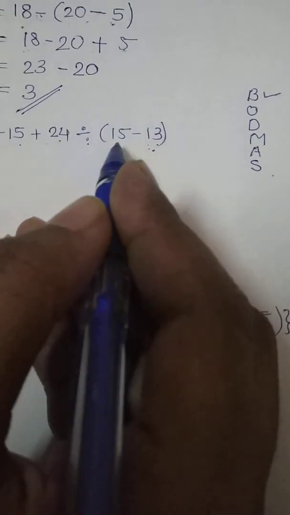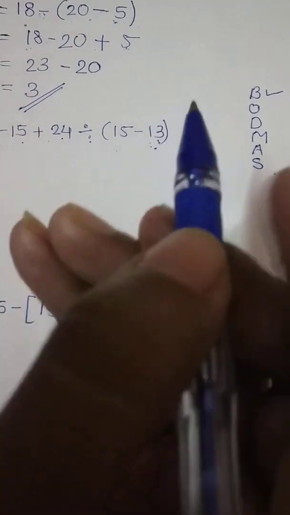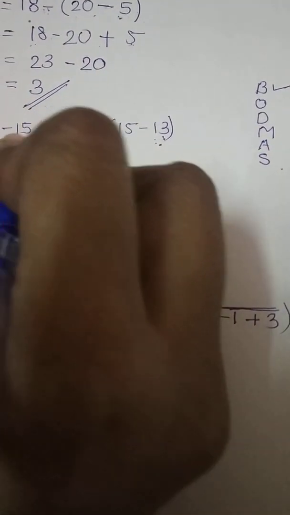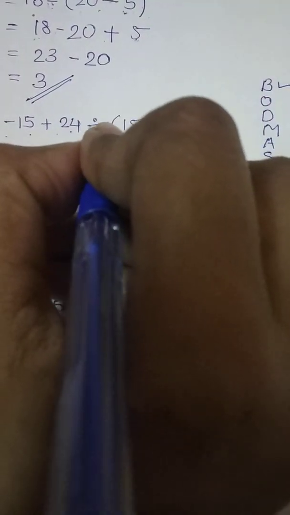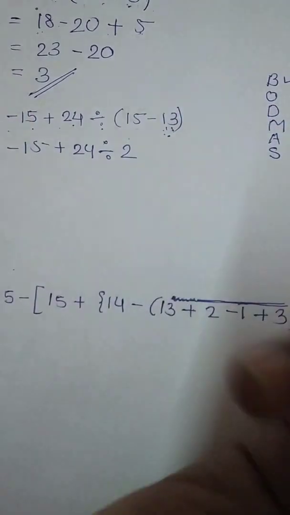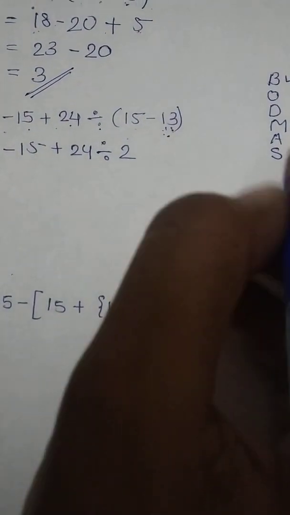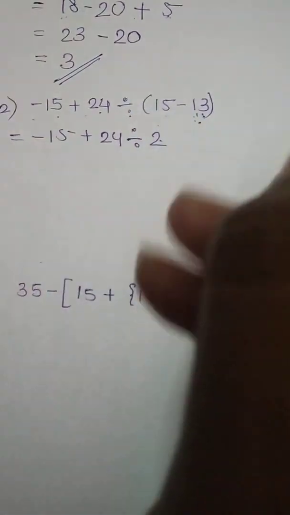So bracket will come first. So we are going to solve the bracket first. Okay students, so minus 15 plus 24 divided by, so 15 minus 13, of course 2. Very easy. 15 minus 13, 2.